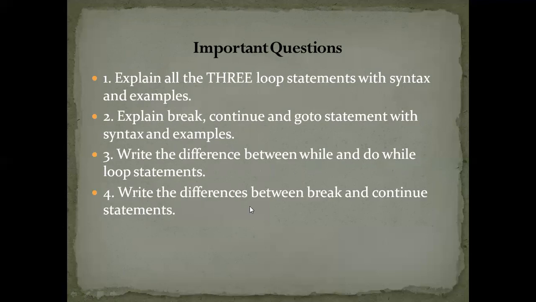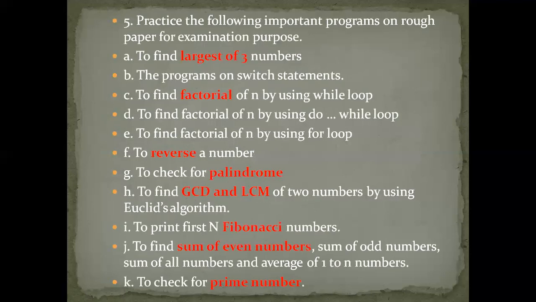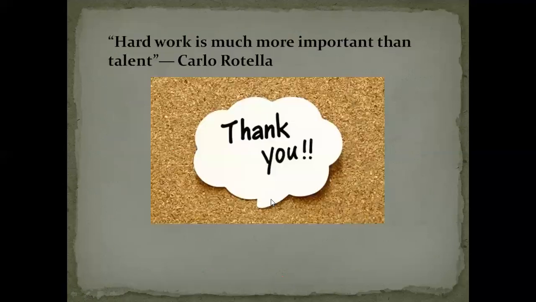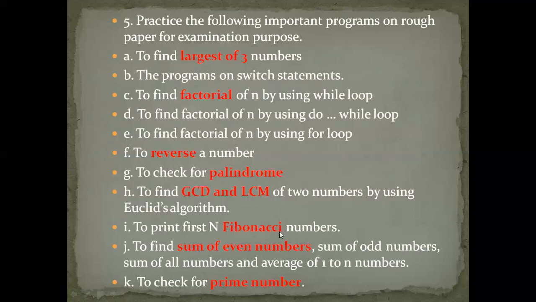And another one, write the difference between break and continue statements. Okay, so please do practice. These are the important questions, and you can practice the following important programs on this. So you can expect largest of three numbers, factorial, reverse number, palindrome, GCD and LCM, Fibonacci, sum of even numbers, prime number.